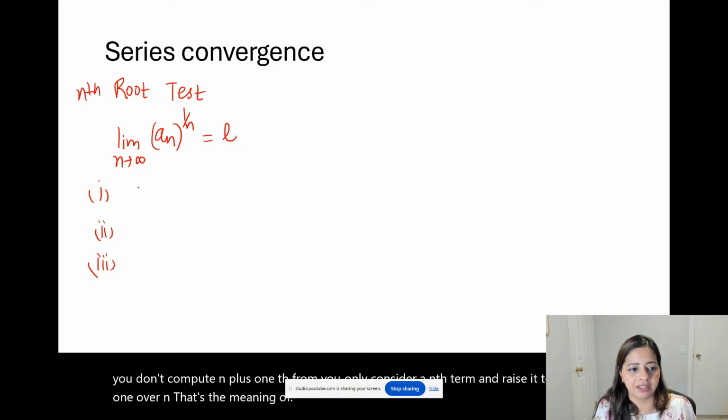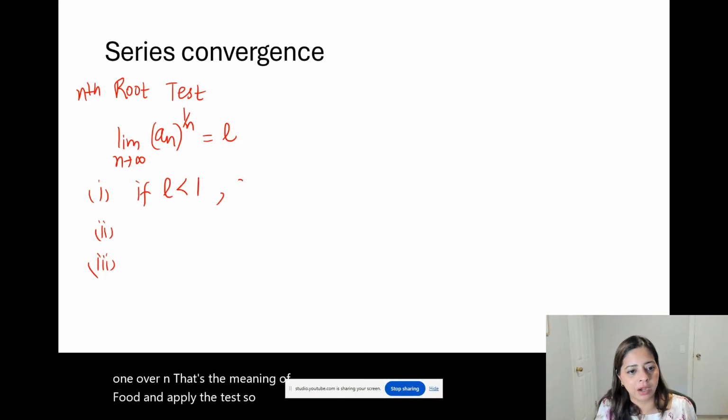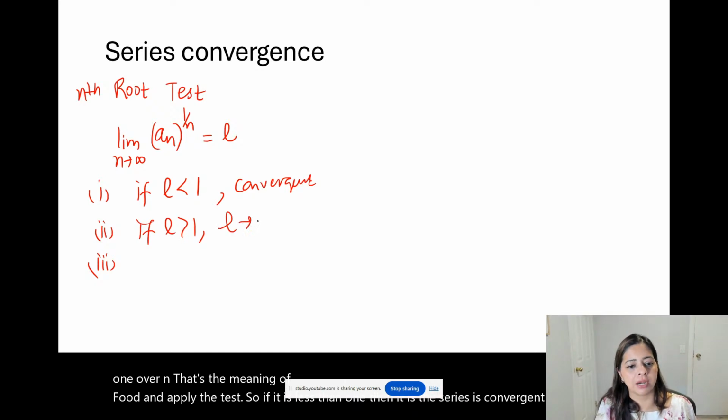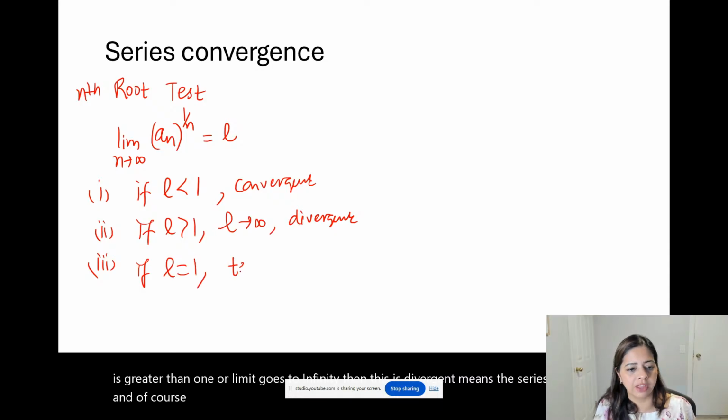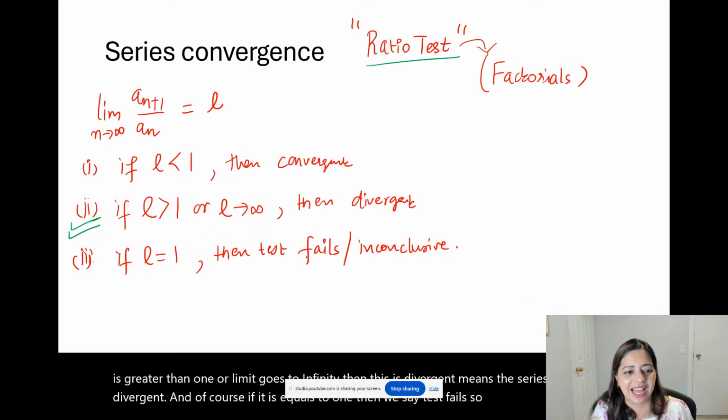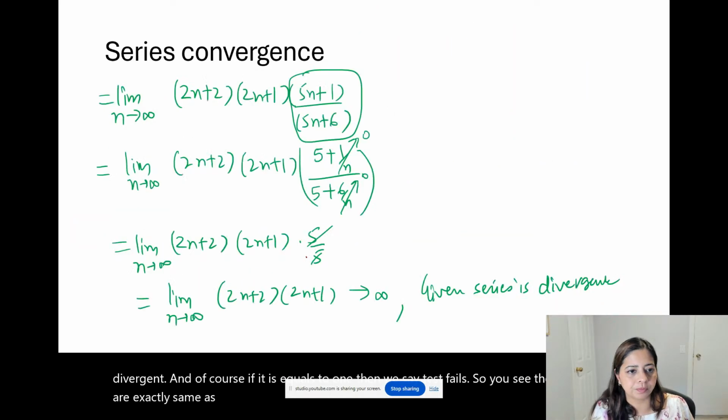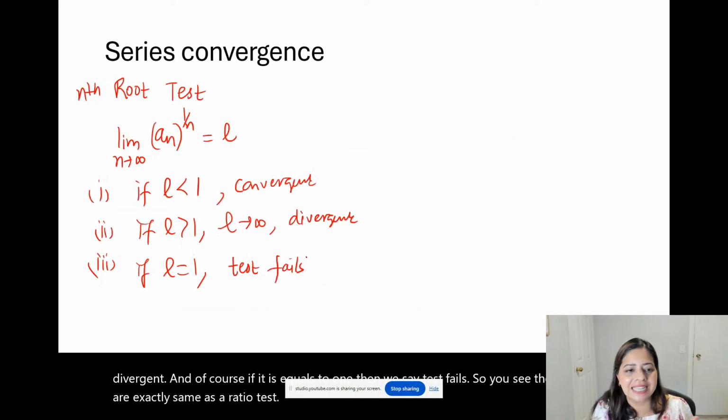And apply the test. If the limit is less than 1, then the series is convergent. If the limit is greater than 1 or goes to infinity, then the series is divergent. And of course, if it equals 1, then we say the test fails. So you see the conditions are exactly the same as the ratio test. But what makes it different?